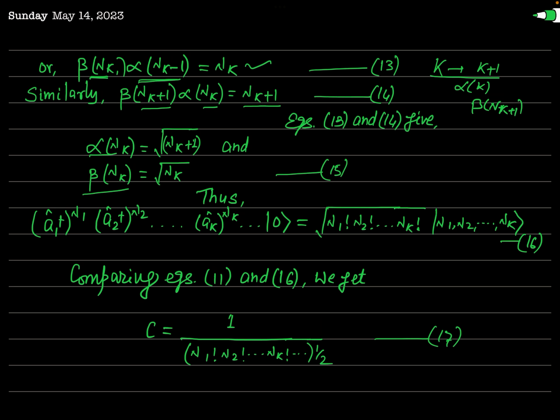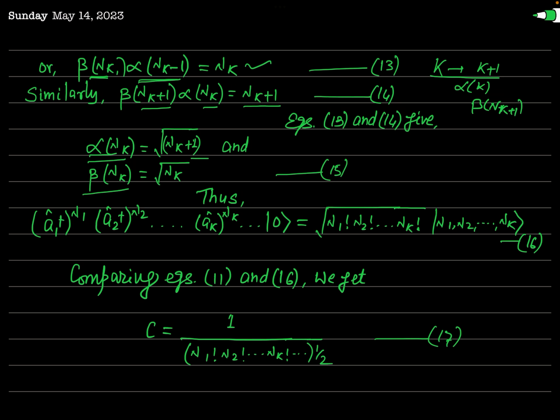In this condition, when you multiply these two equations, this will be alpha square, and that will be equal to nk plus 1. And so this alpha nk will be the square root of nk plus 1.